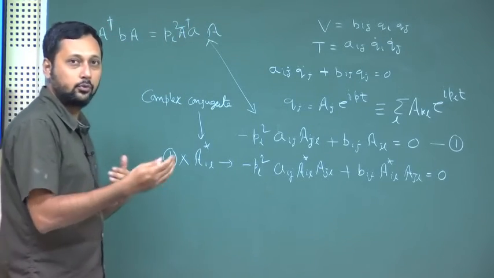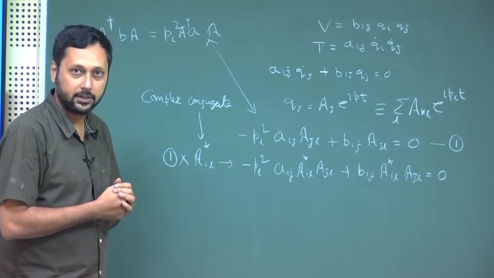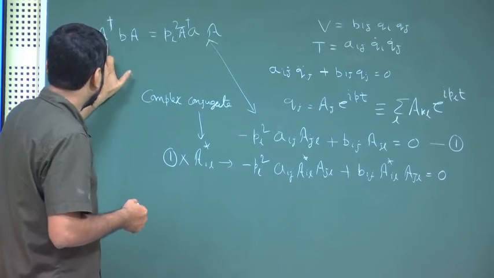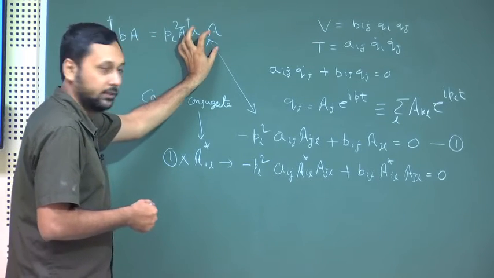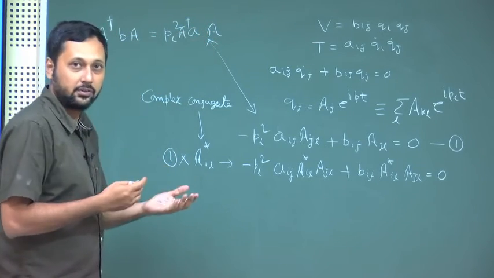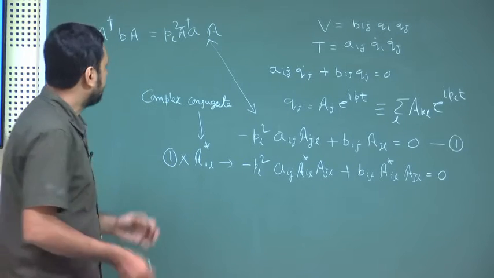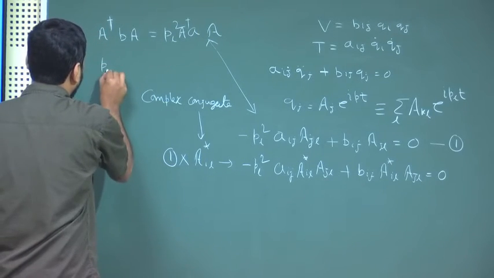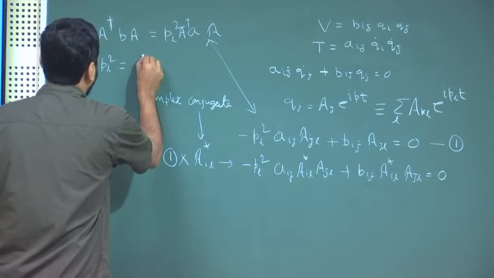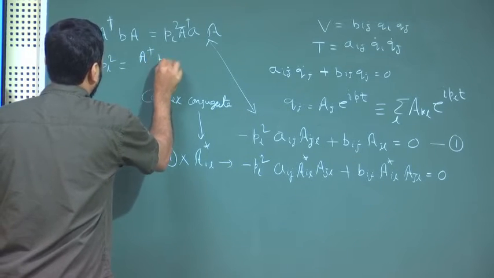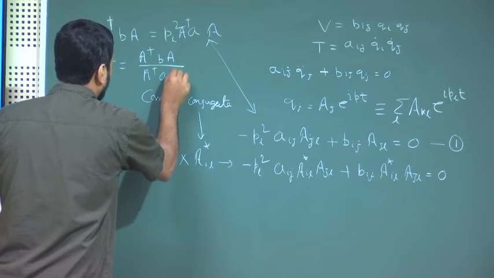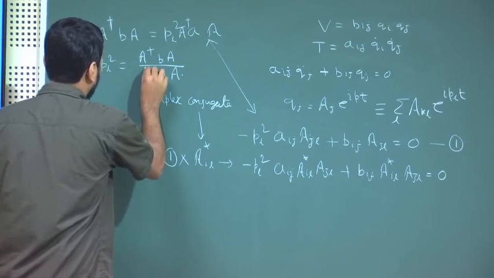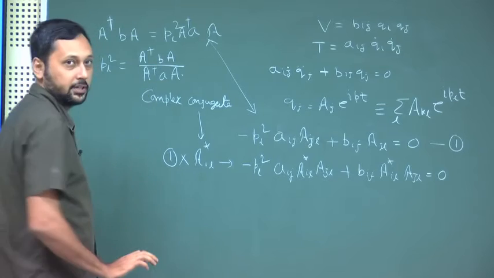We cannot divide two matrices, that is not a defined operation, but once we do this multiplication, it becomes a number on this side and a number on that side, and we can always divide one number by the other. So, from here we can write P L square is equal to A transpose B A divided by A transpose A.